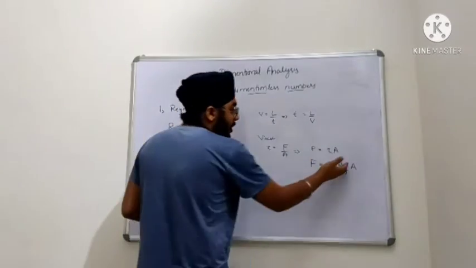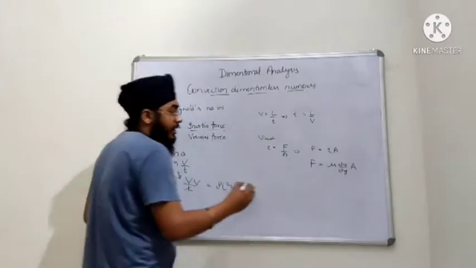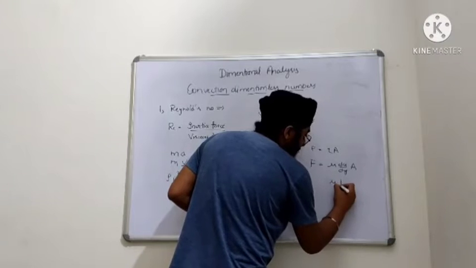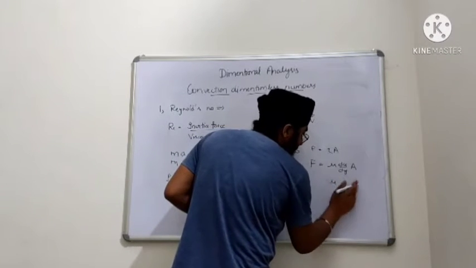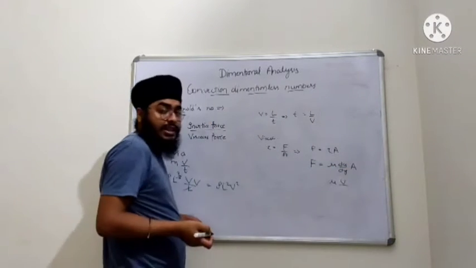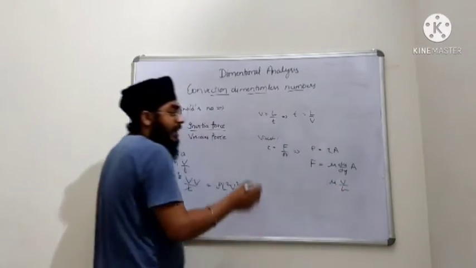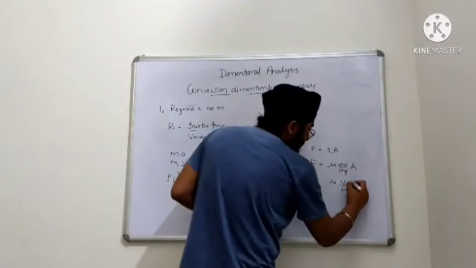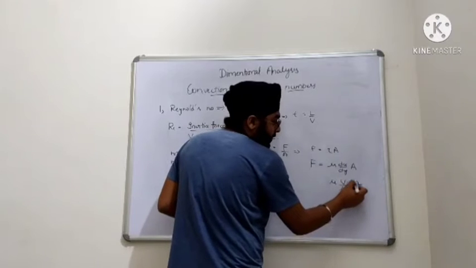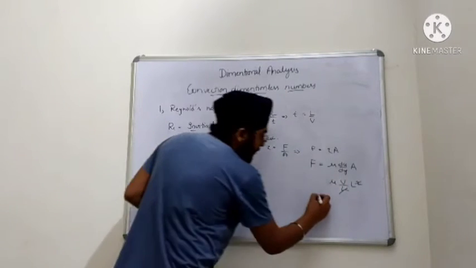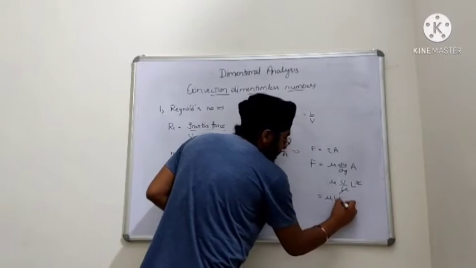Now we know du is nothing but velocity v, and dy is nothing but length, and we can write area as L square. So we will cut one L out, and viscous force will be mu v L.